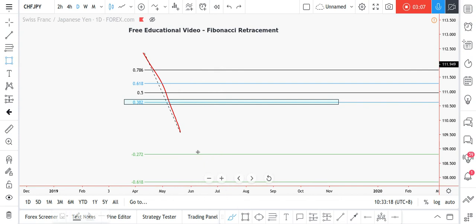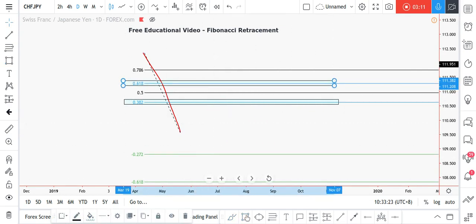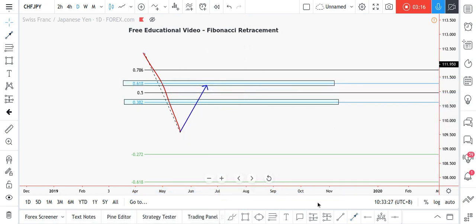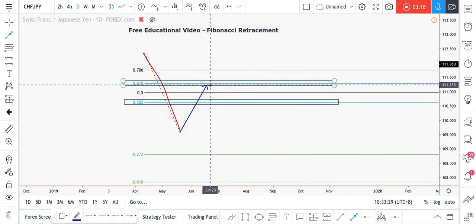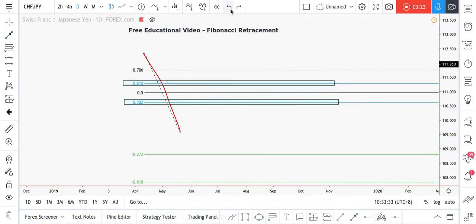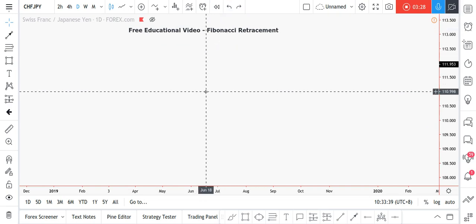What I will show you next is how to use this Fibonacci tool in order to get good risk to reward trades and get your trading profitable, with consistent profits every day.